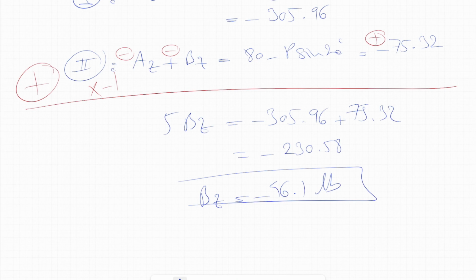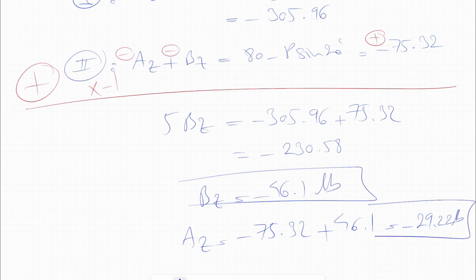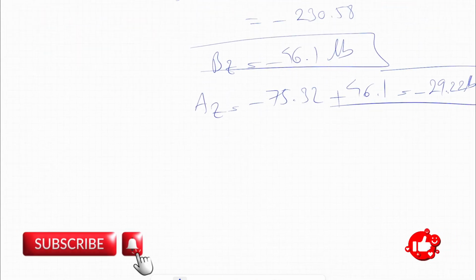And now that we have BZ, we're just going to put that in the first or second equation, the second would be easier. So AZ simply will be minus 75.32 minus 46.1, we'll get minus 29.22.